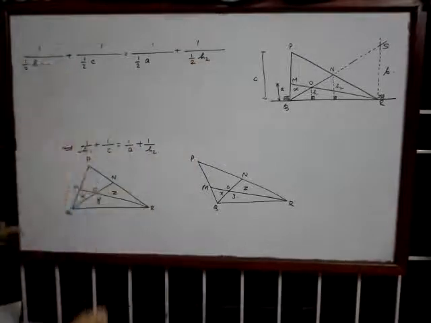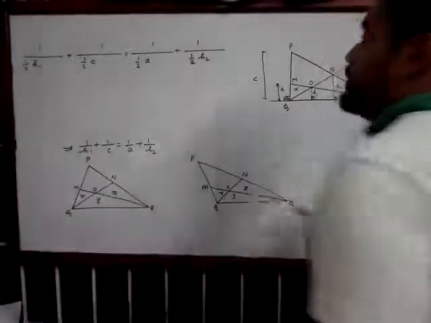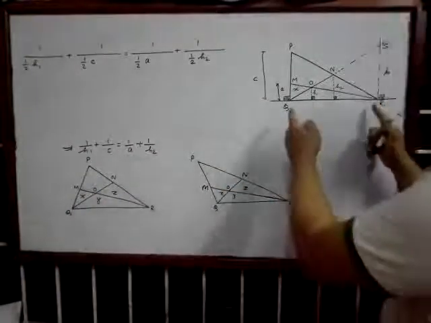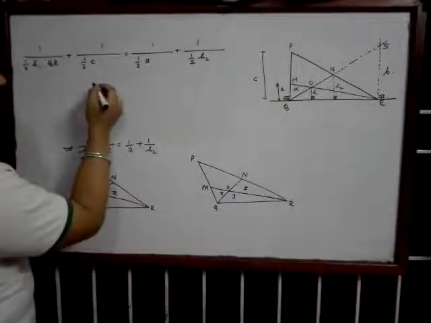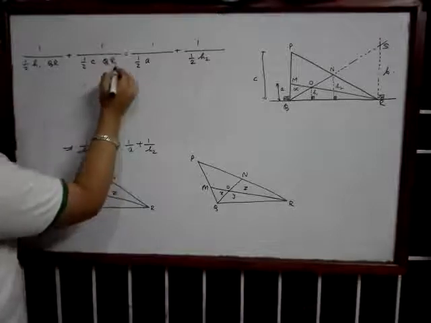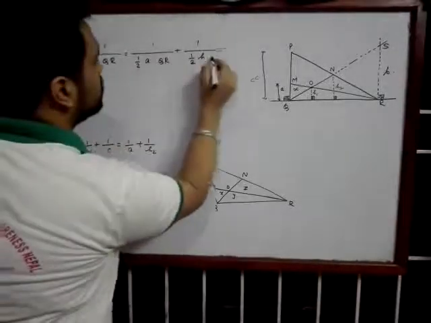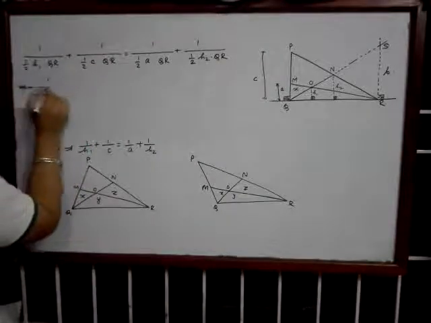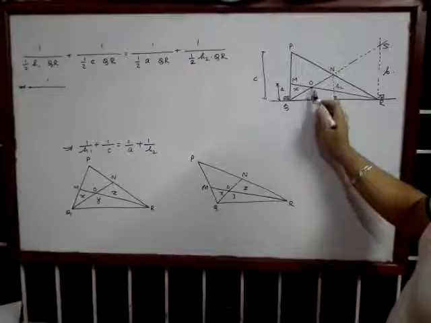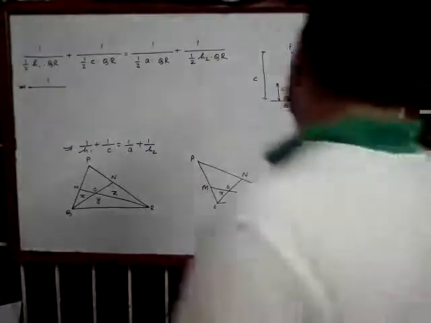Now let's multiply the denominator further by QR. That is half H1 QR.